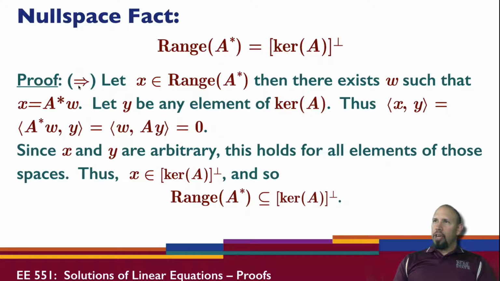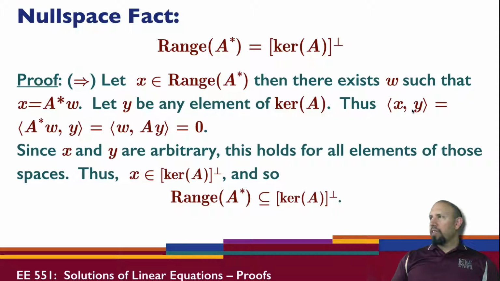All right, so we first start off saying I have an x in this set. I want to show now that it's in this set. So if x is in this set, then there must be some w such that x is equal to A adjoint w. That's the definition of the range. Now let y be any element in the kernel of A. What we need to show is that it is orthogonal to this element, x.